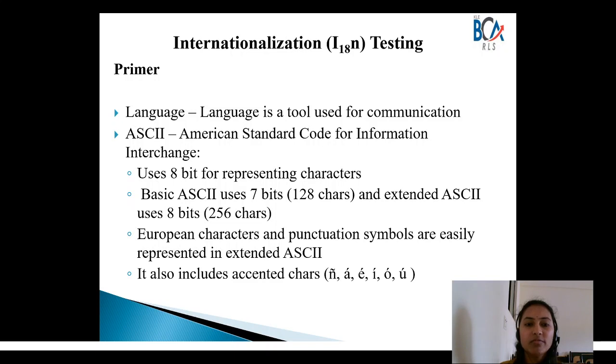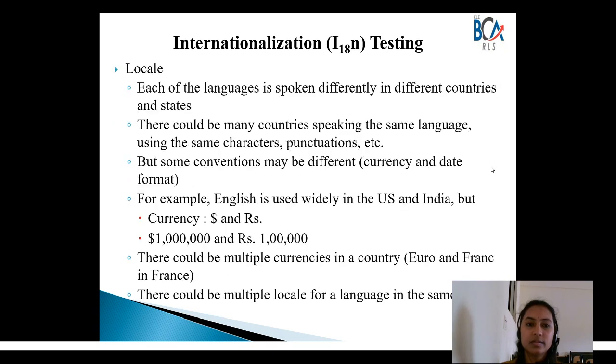European characters and punctuation symbols are easily covered in the extended ASCII characters, which also include special characters like ñ, á, é, í, ó, ú, as written in the slide. So coming to the next slide.